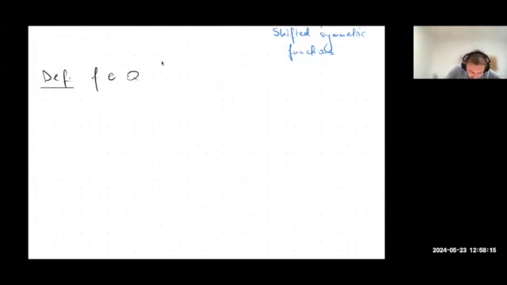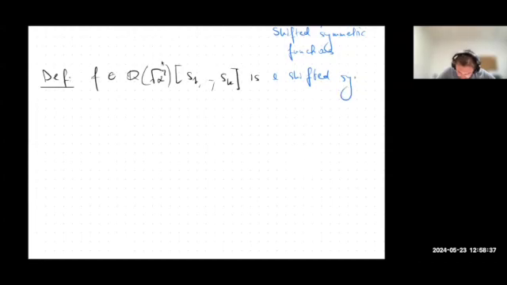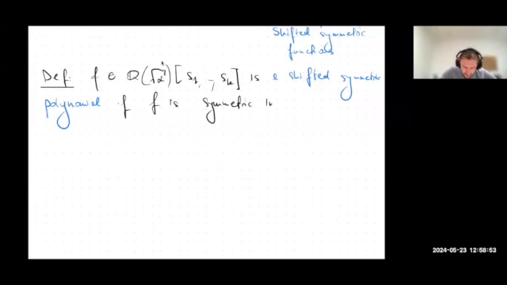So suppose that we have a polynomial over rational functions in square root of alpha, and we call this polynomial a shifted symmetric polynomial if f is symmetric in shifted variables, so s_i minus i divided by alpha.